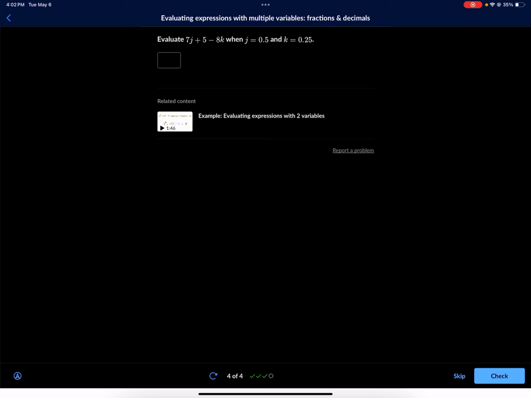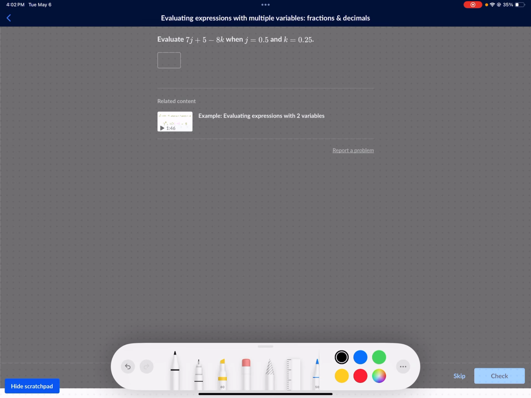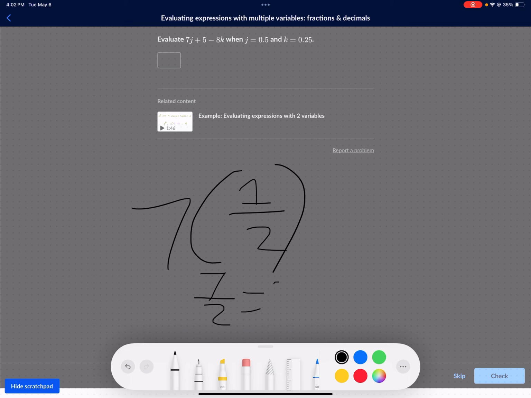Okay, the answer here is, well, first let's see. So 7 times 0.5, okay, so if we convert 0.5 to a fraction, this could be a little easier because now we can multiply fractions. 7 times 1/2 is 7 halves, which we convert to 3 1/2, which we convert to 3.5. So 3.5 plus 5 minus, okay, 8k.